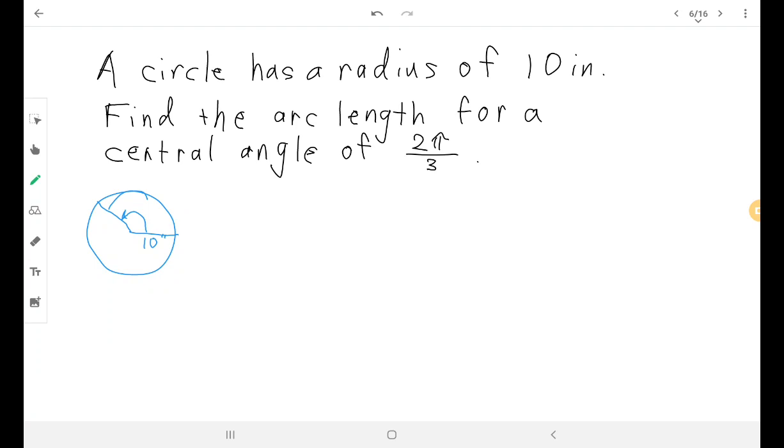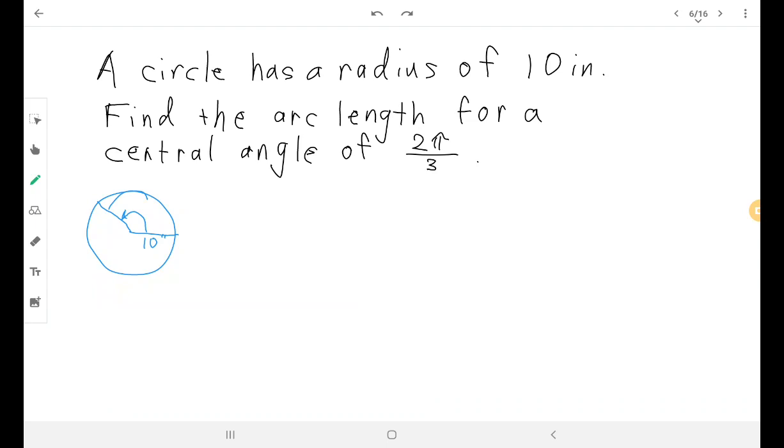Okay, central angles always look like this. They start with a radius from the center and rotate around. If you rotate that way, you're rotating in a positive angle direction. If you rotate that way, you're rotating in a negative angle direction.